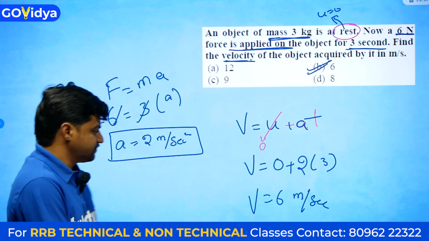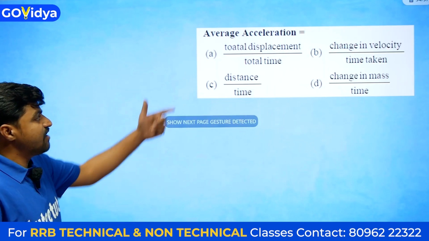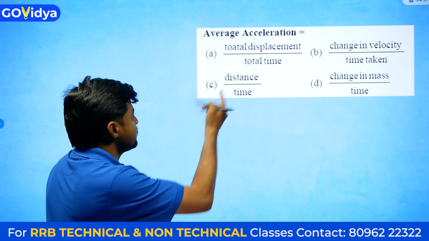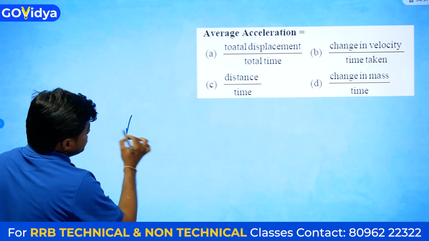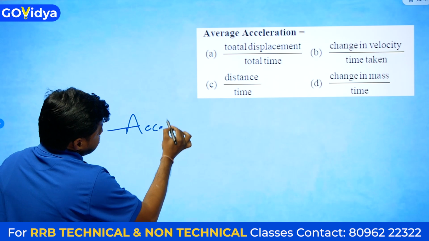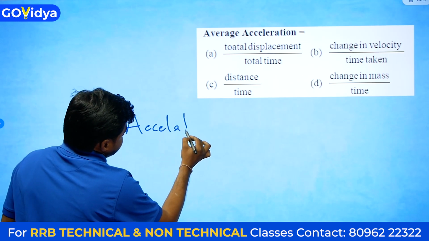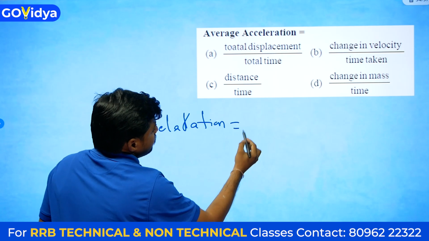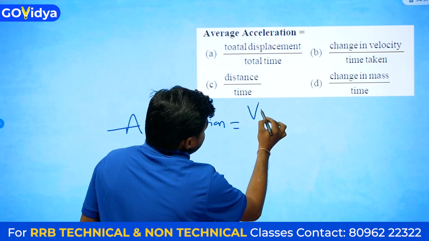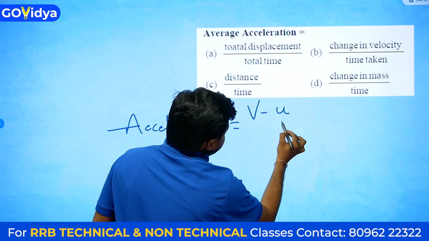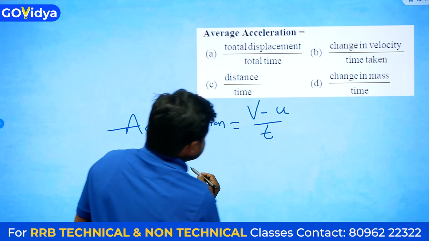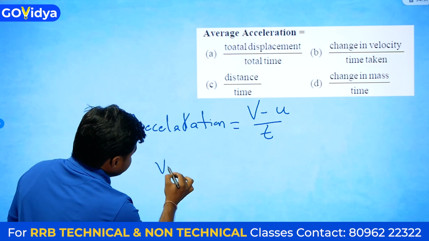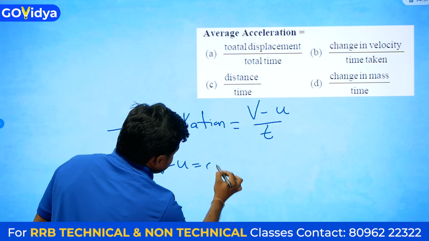Okay, next question. The average acceleration, okay, average acceleration is equal to final velocity minus initial velocity by time. Okay, v minus u is equal to change in velocity.